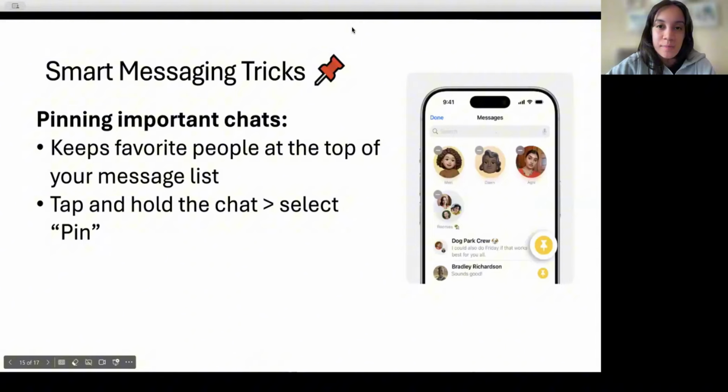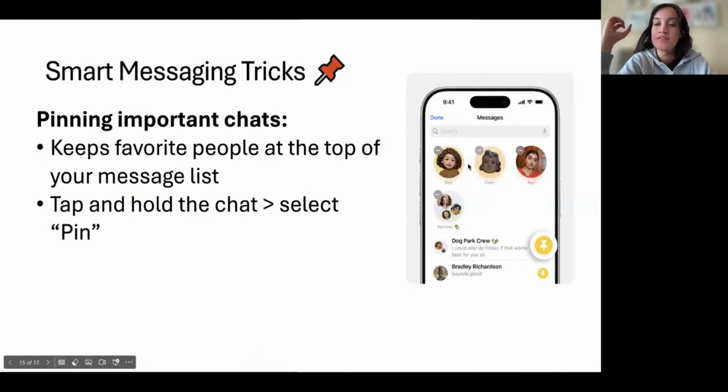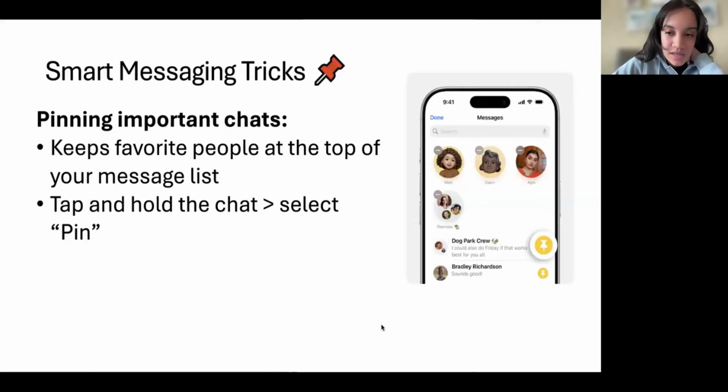And how do we pin somebody, or how did that even get up there? Every time you look at your conversations with someone, you hold down the conversation. Right now this person isn't in their text, right? And they have a group chat called Dog Park Crew. Then they have a friend named Bradley. So what they did was they used their finger and they held down on the conversation.